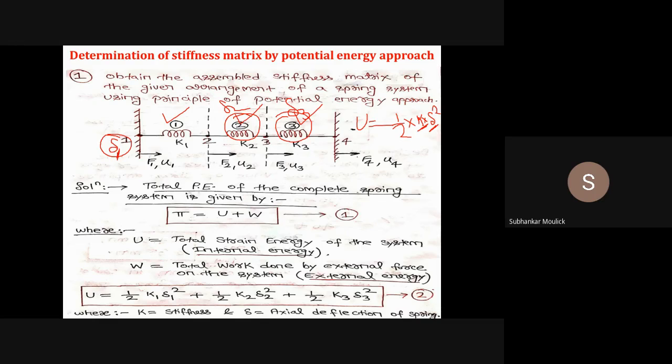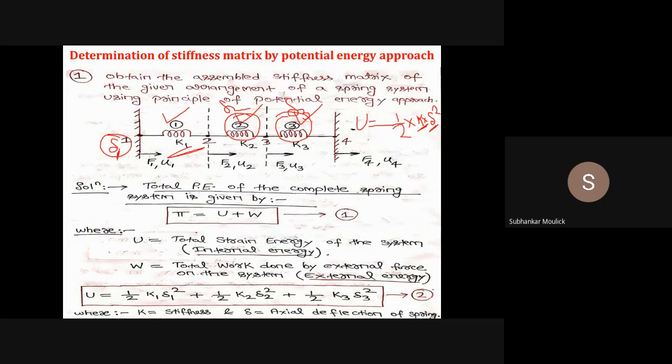So there will be a total of 3 strain energies associated with this problem, and it is given by U is equal to half K1 into delta 1 square for this particular element. What is delta 1? Delta 1 is the linear displacement for element 1.